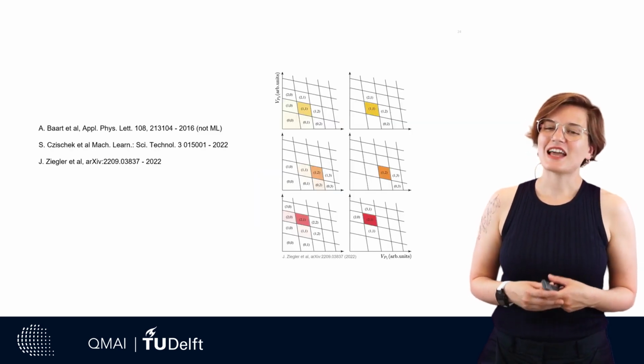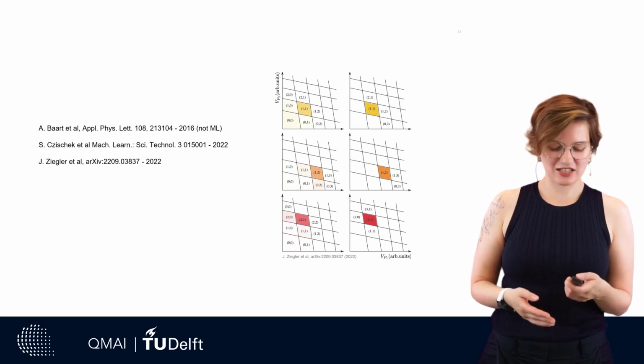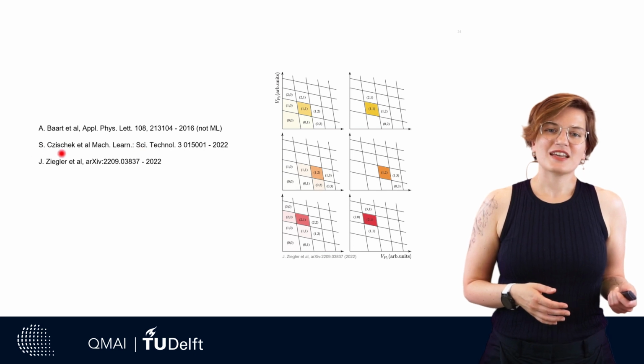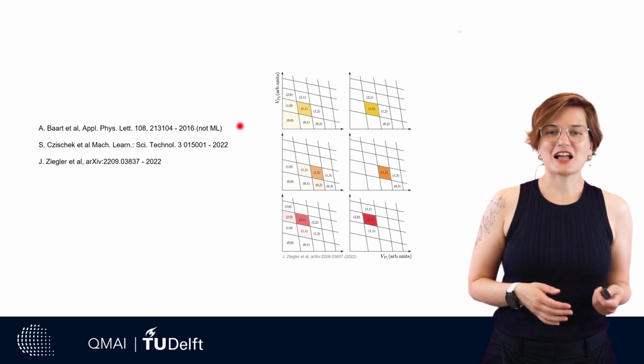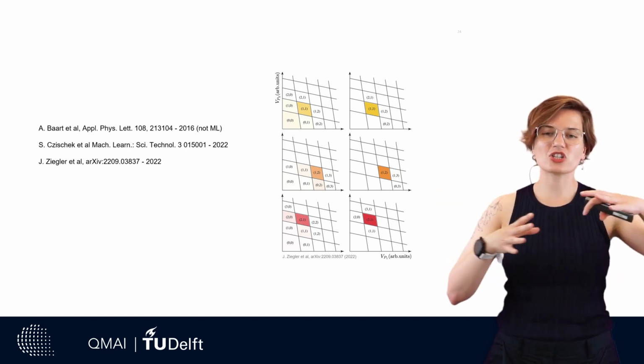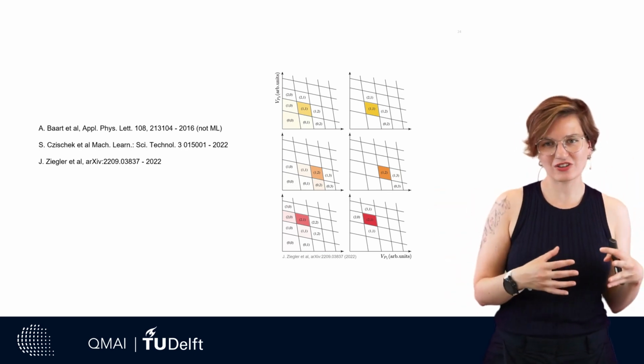Beyond that, there are several other interesting works. This is just a subset. In this work of Zizek et al. from 2022, they did a similar task, but really concentrated on miniaturizing those neural networks.